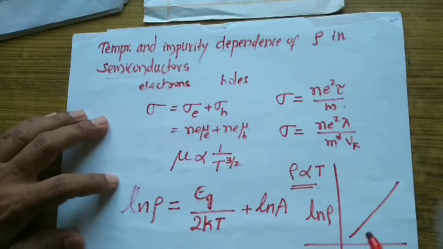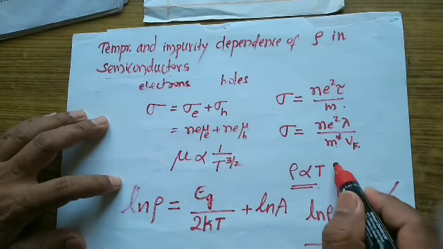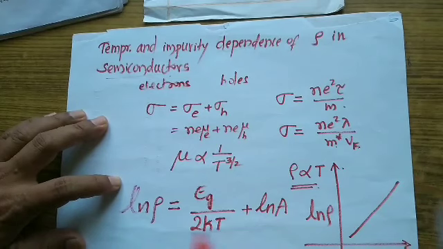Let us understand the reason why resistivity decreases with increasing temperature. Since I am taking the reciprocal of temperature on the x-axis to correlate with this equation, you have to understand that this is the point of low temperature and the temperature increases in this direction on the x-axis. So with increasing temperature, resistivity decreases.